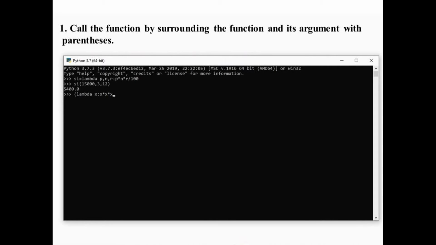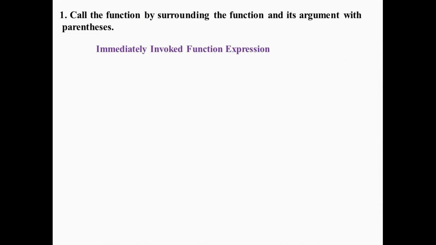Okay, argument list and then the expression. Now I can directly invoke the function by passing the actual argument here in this syntax. So this in turn will return the cube of the number 5. So you can pass the argument as such. So this is one way of calling the function, also called as immediately invoked function expression.